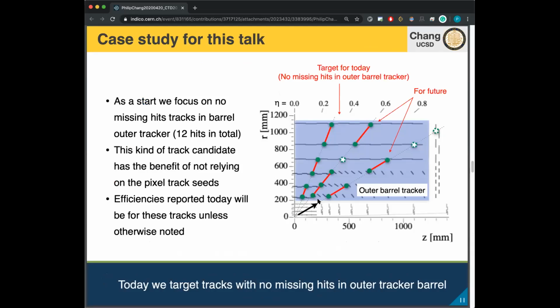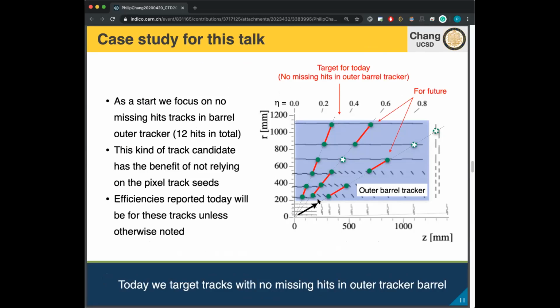So for today, let me show you a sort of case study of what we have and what we've looked into. As a start, we focused on no missing hits tracking in the barrel outer tracker. If you look at the outer tracker barrel region that's shown in the blue colors here, there are 6 layers of these PS modules, and each of the modules will contain 2 hits each.